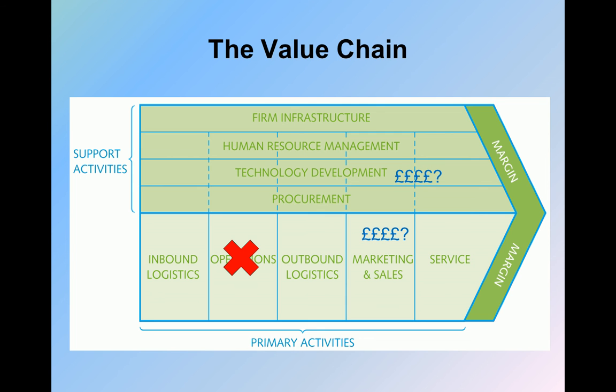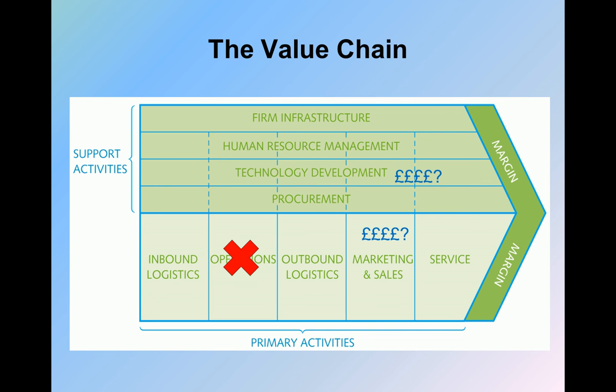So you can use the value chain to assess where money should be invested in order to achieve better differentiation. Or of course you can use it from a Ryanair type perspective. Where can we reduce cost? Where should we be more efficient in order to be the lowest cost producer?